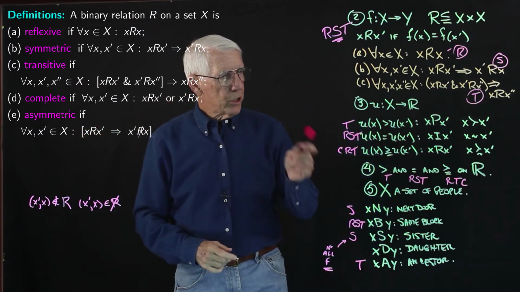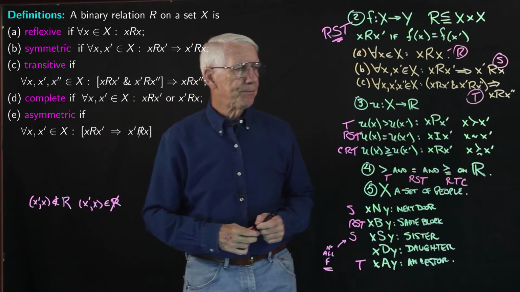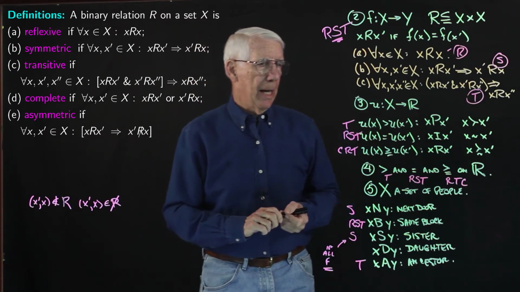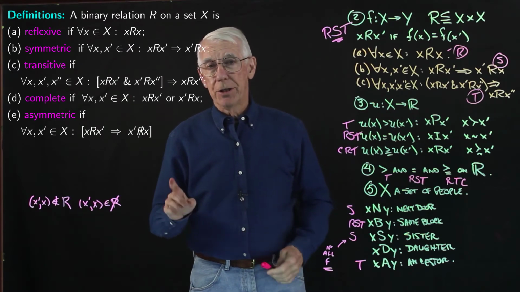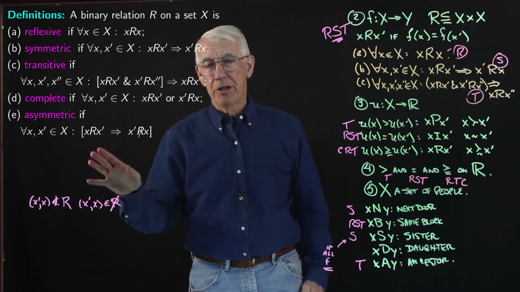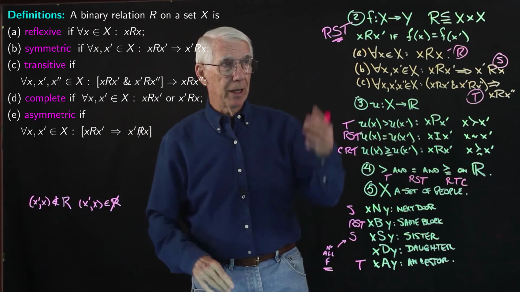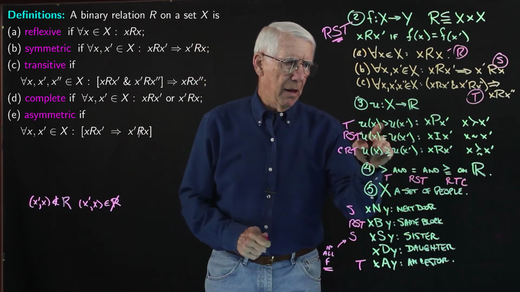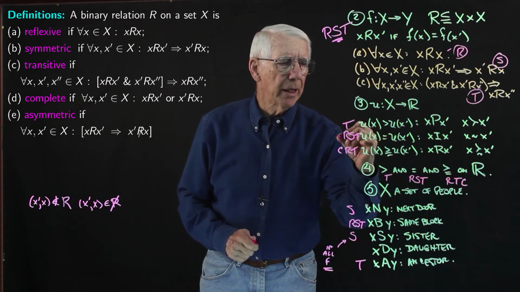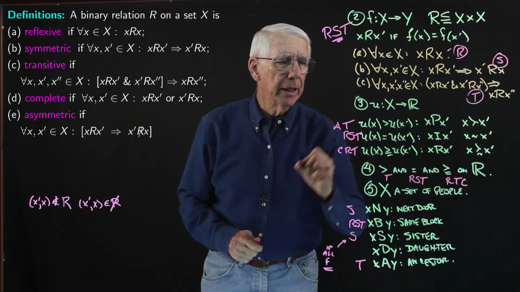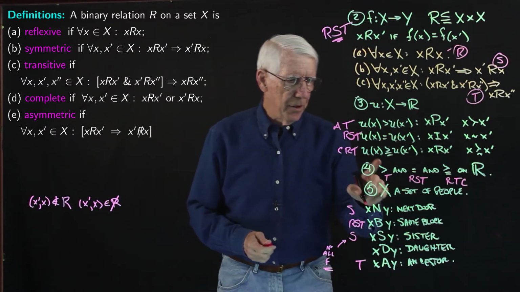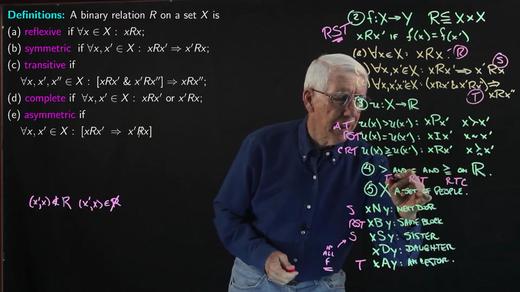And so which are the relations over here that are asymmetric? Well, first of all, notice that a relation cannot be both symmetric and asymmetric. So any relation that's symmetric is not going to be asymmetric. This relation here is asymmetric, and I'll use A to indicate that. This relation here is asymmetric.